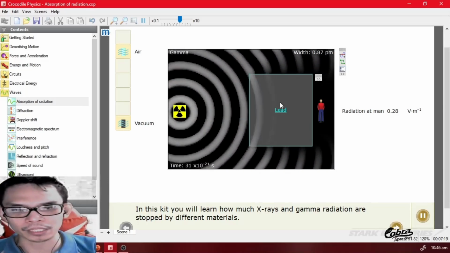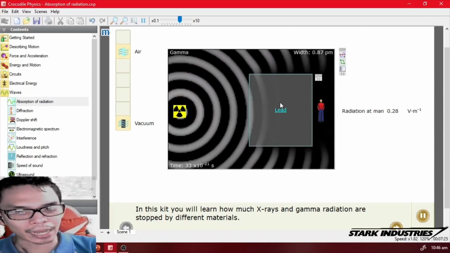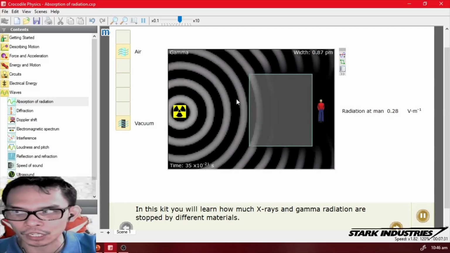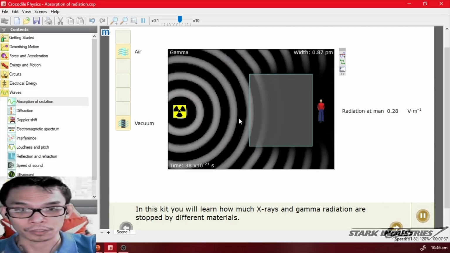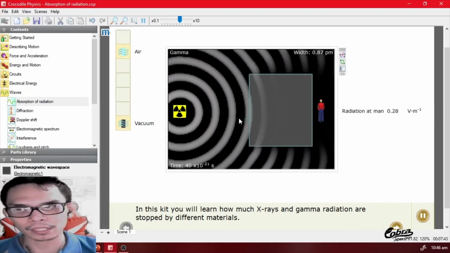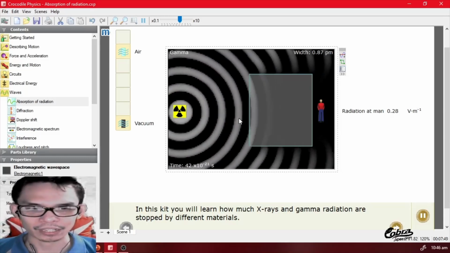Why does it have a lot of density? It's because it has a lot of electrons that can block this ionizing radiation. So lead is a good shielding for ionizing radiation.